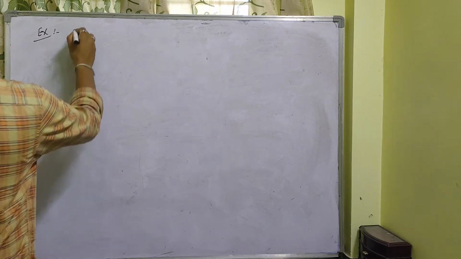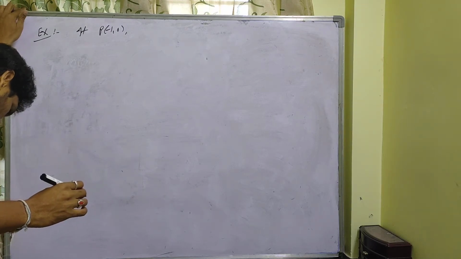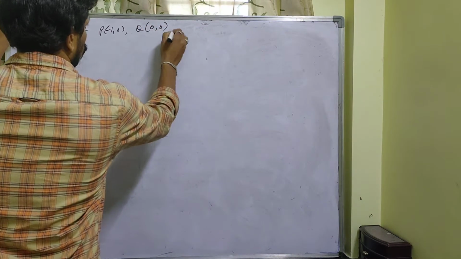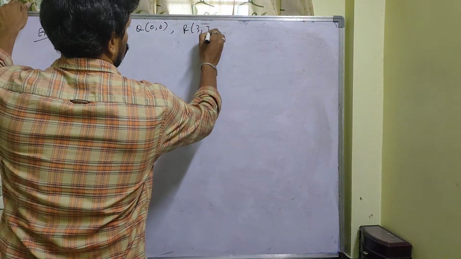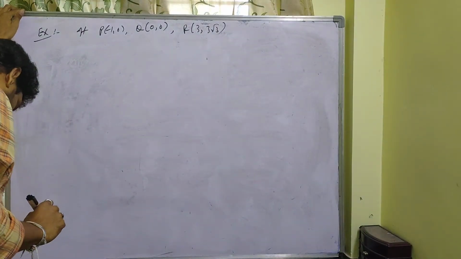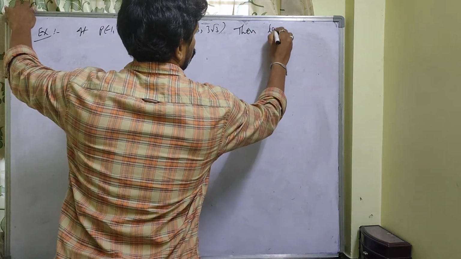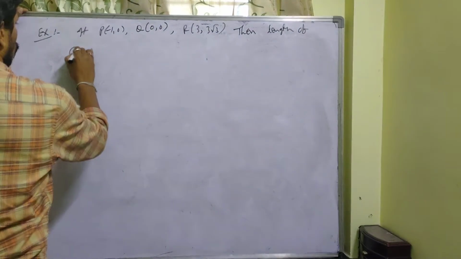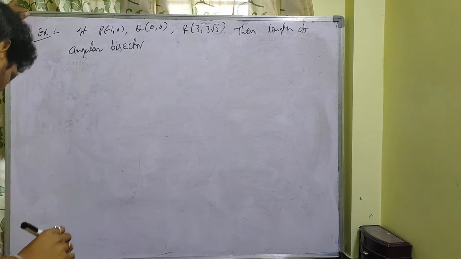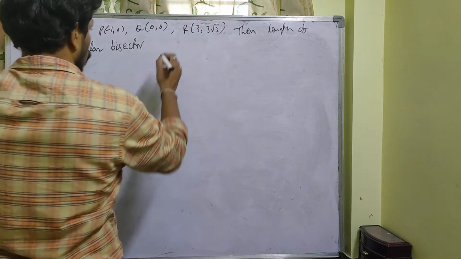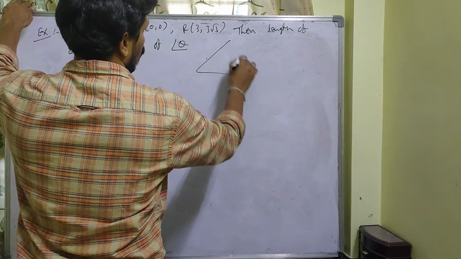If P is minus 1 comma 0, Q is 0 comma 0, R is 3 comma 3 root 3, then find the length of the angular bisector of angle Q. See, this is the triangle, understand?